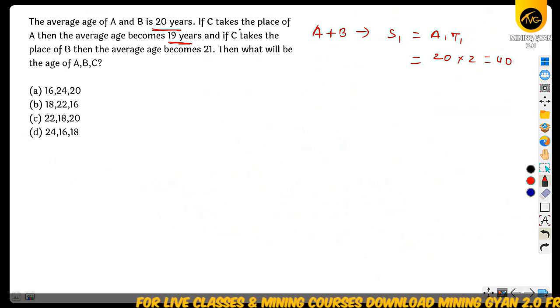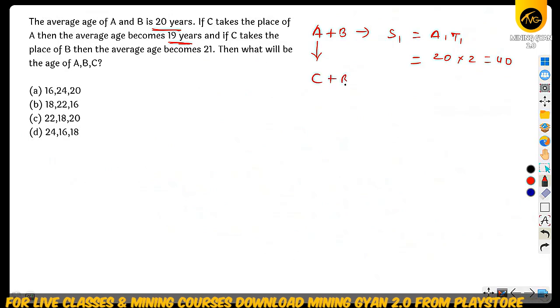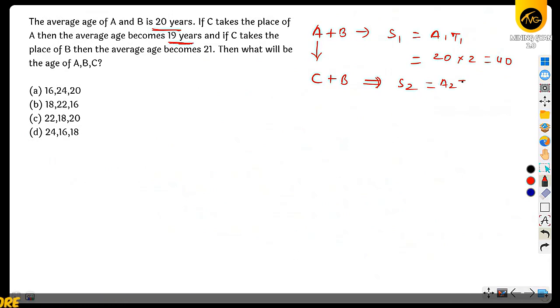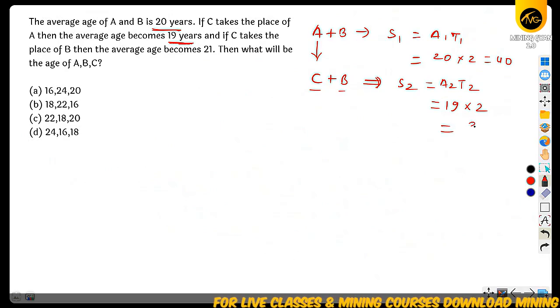If C takes the place of A, then C plus B is H2, with average 19, so 19 into 2, because the persons are 2, C and B. H2 will be 38.